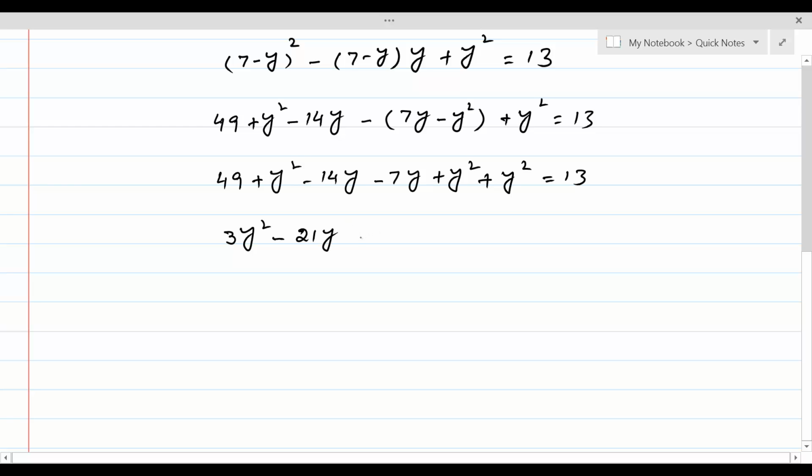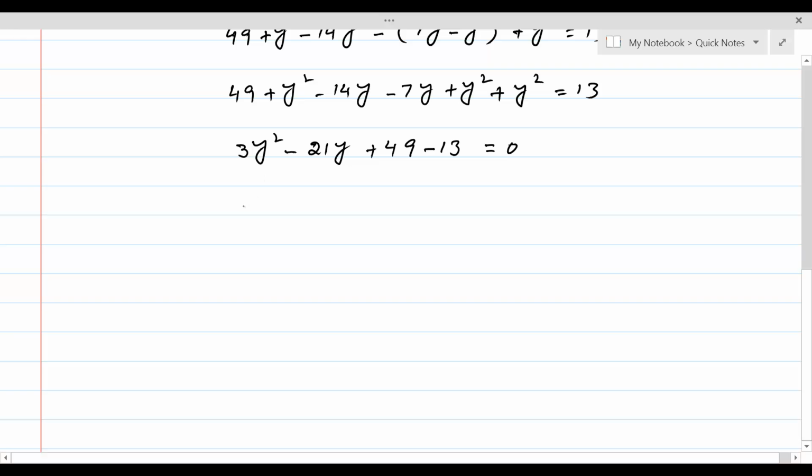And we have +49 and −13 when we bring 13 to the left side. So this will be the required equation: 3y² − 21y, and 49 − 13 will give us +36 equal to 0.